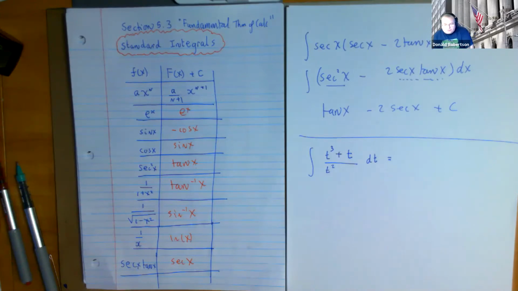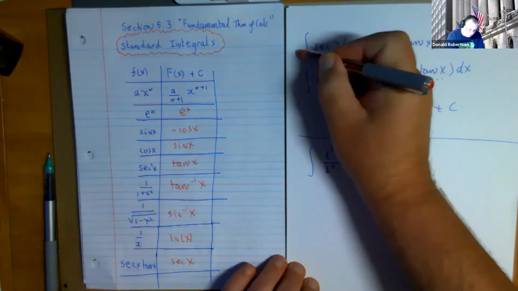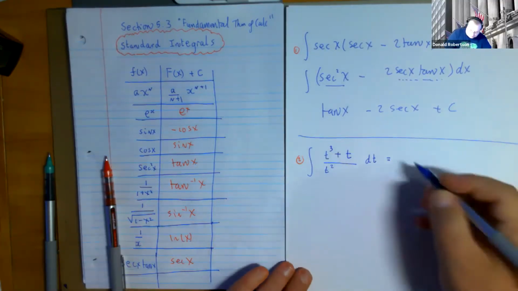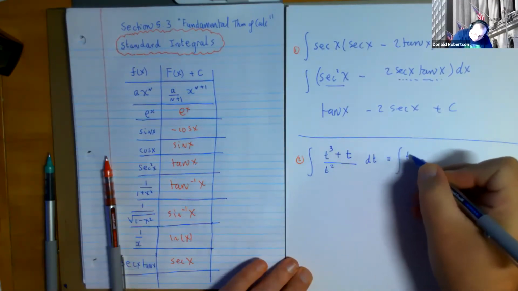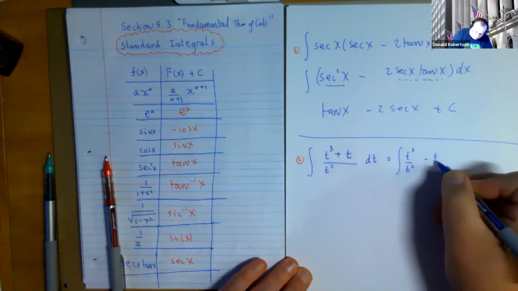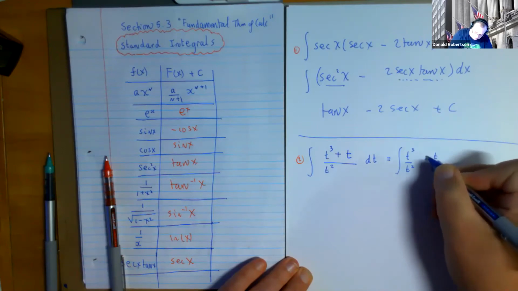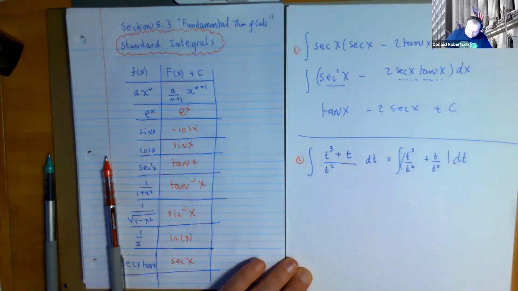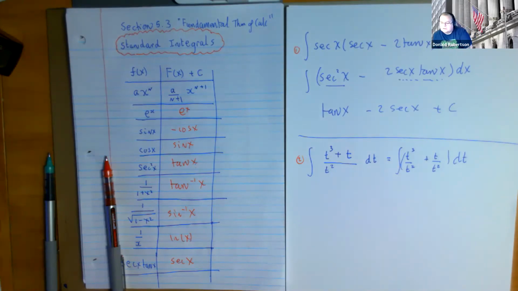Okay, what do you think might be a good idea in this particular question? Split the fraction. Oh, that's an interesting strategy. And I'm assuming that you were thinking that, agreed?